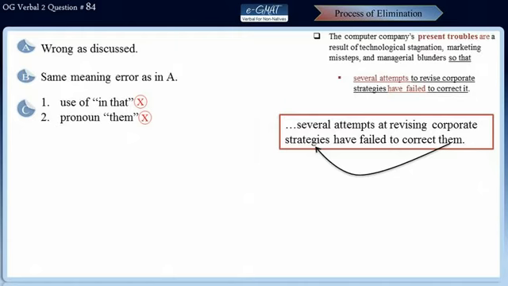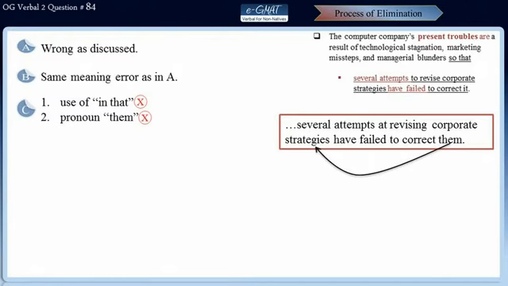Because them is at the object position of the verb have failed, and corporate strategies is also at the object position in the prepositional phrase of revising corporate strategies, and hence them refers to strategies, and this distorts the meaning of the sentence because it is not the strategies that the company is trying to change, it is the troubles that the company is trying to get rid of. So these errors make choice C incorrect.